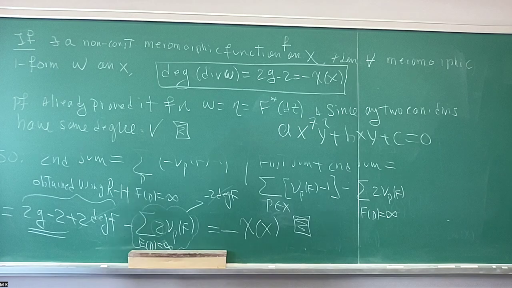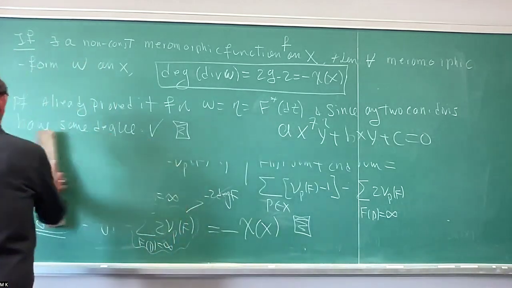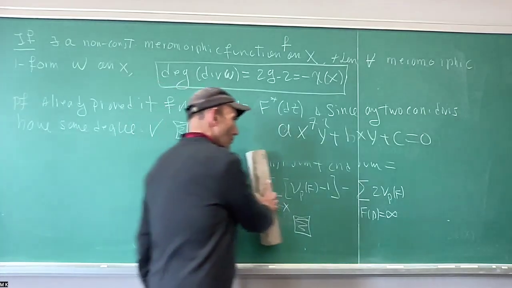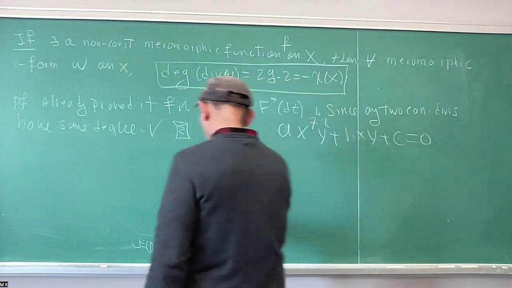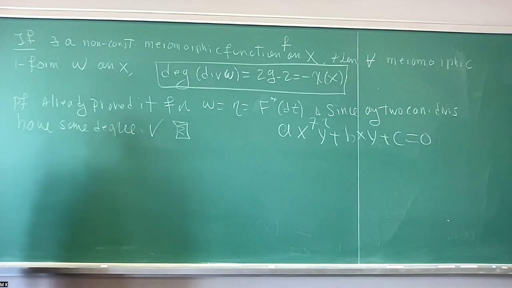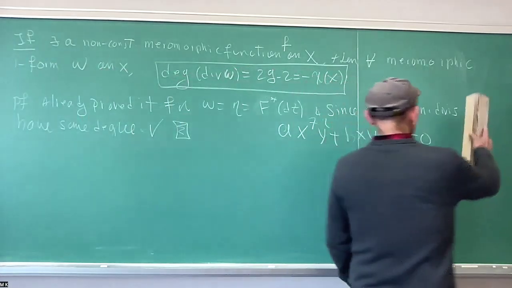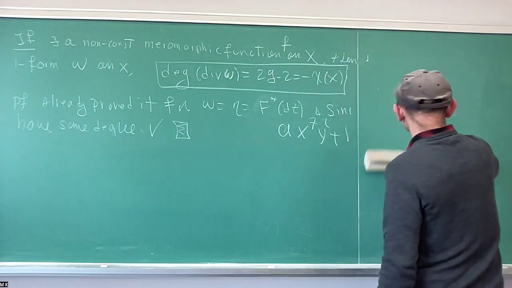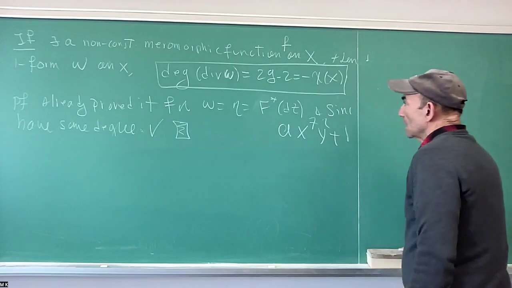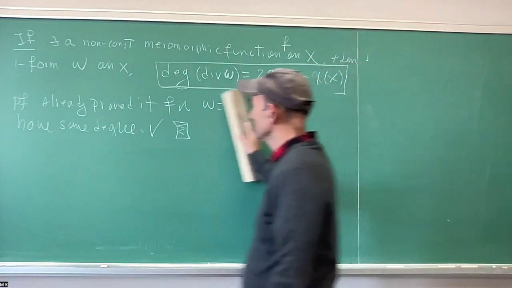Okay, so now let me take a kind of broader look at what we have. We proved 2 results. I'm going to record these results in this corner because we're going to use them.